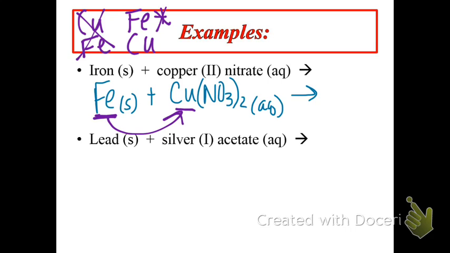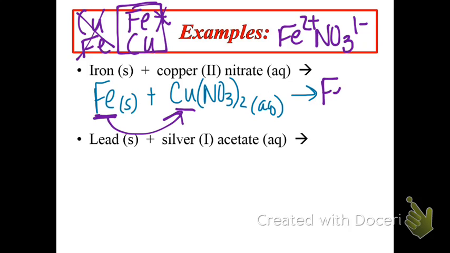So, if we look at the chart, hopefully you see that this is true, right? Iron is higher on the chart. So that means what's going to happen here is that iron, and in this case, we're going to use iron with a 2 charge again. So, Fe with a 2+ goes with NO3 with a 1- charge, because that's what a nitrate does, right?